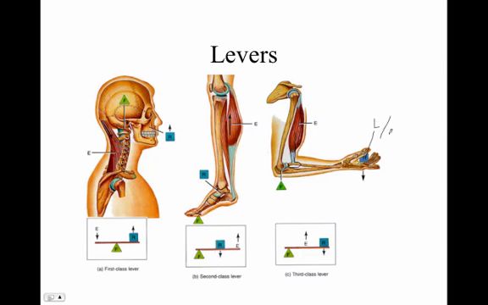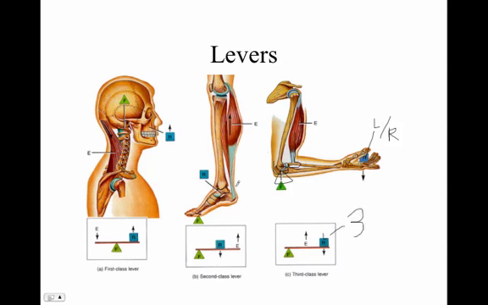Sometimes it's called the R for resistance. Our muscle is the effort, and look where it's attached. Here's where it's pulling, so not behind. And here's our fulcrum, and that's the pivoting point at the joint. And so if we look at that, R or L, fulcrum, effort, load, that would be class 3 lever.